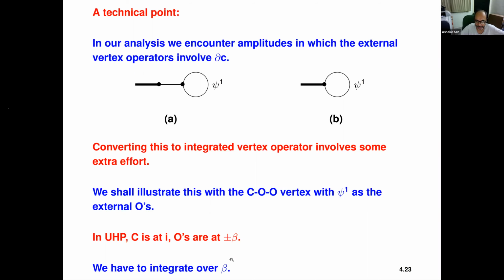Normally we would say that in the integrand we convert one of the open string vertex operators from unintegrated to integrated vertex operator, but that doesn't make quite sense when you have something like partial C. So what I'll do is to tell you the general rule for dealing with situations like this.